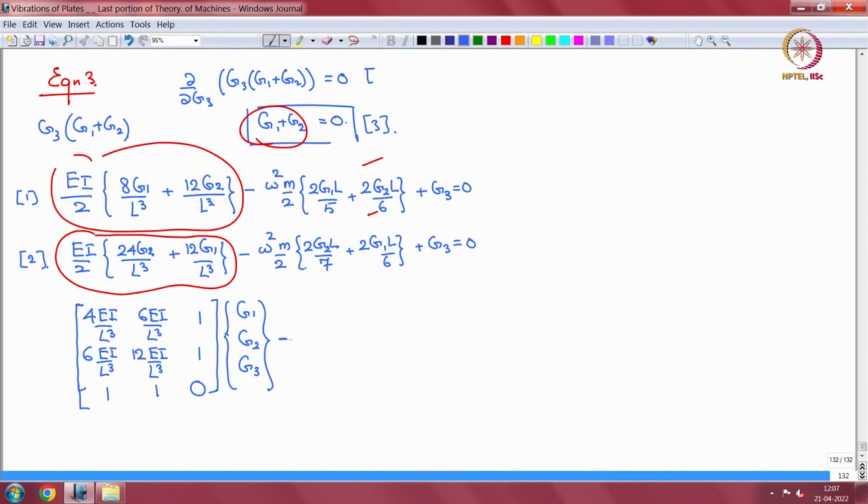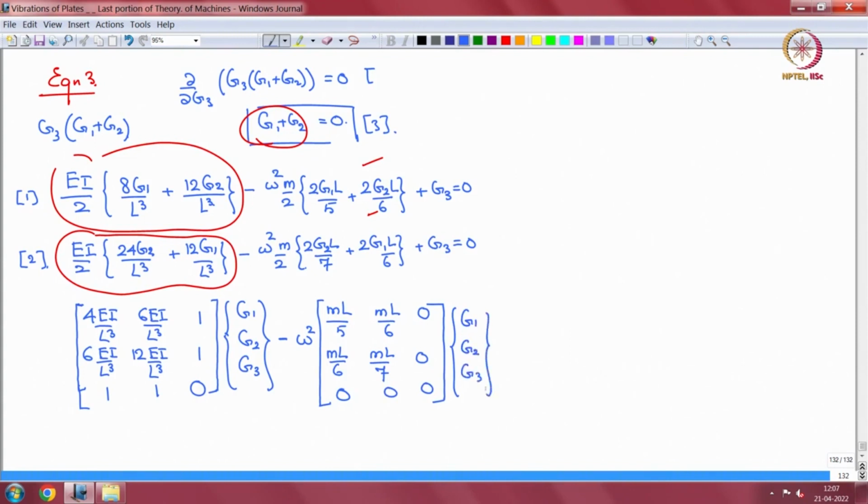So minus omega squared times [m L by 5, m L by 6, 0; m L by 6, m L by 7, 0; 0, 0, 0] times G1, G2, G3 is equal to 0.